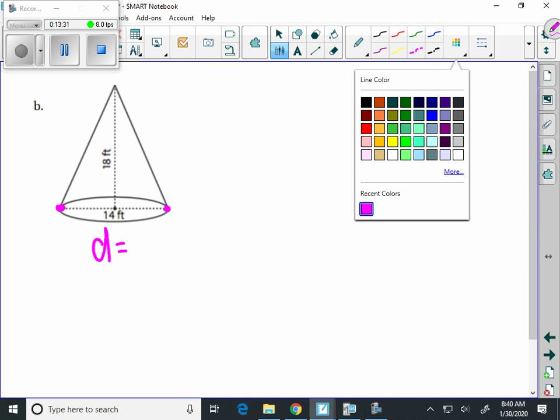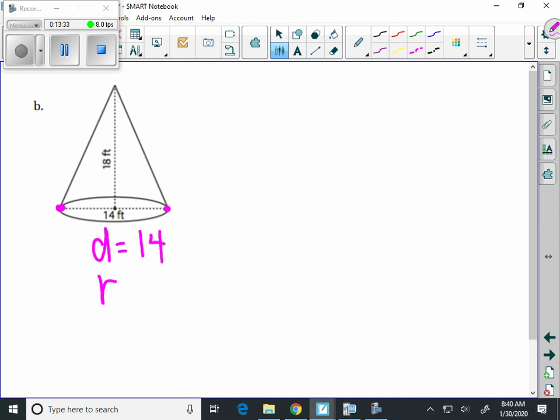It goes through the center. The relationship between the radius and the diameter is that the radius is half as big as the diameter. So this is going to be 7. Now we've got the information we need because we've got the radius. The height in our picture here is 18.